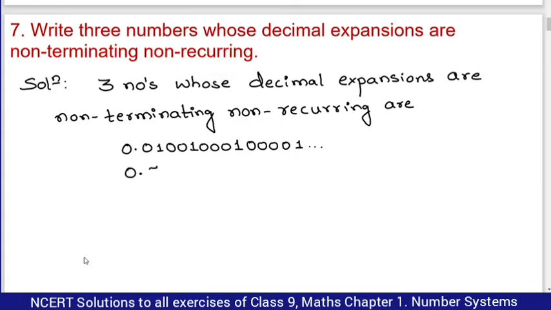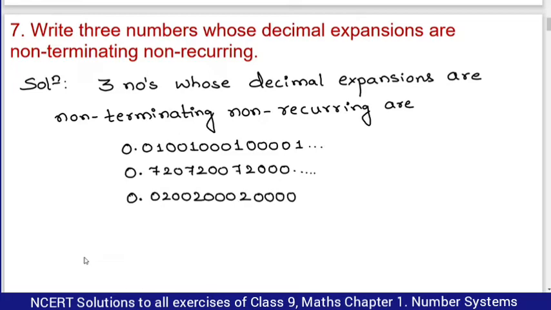Next, 0.72, 0, 72, 00, 72, 000 and so on. Then 0.02, 002, 0002, 00002 and so on.